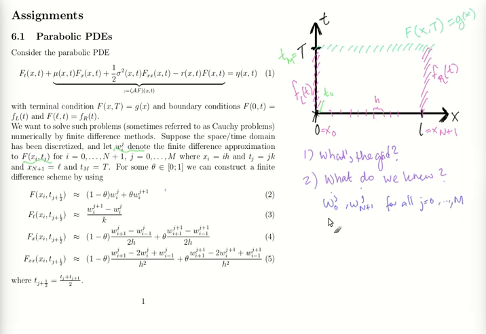And we also know the value of w_im based on our terminal condition for all i equals 0 to n+1.